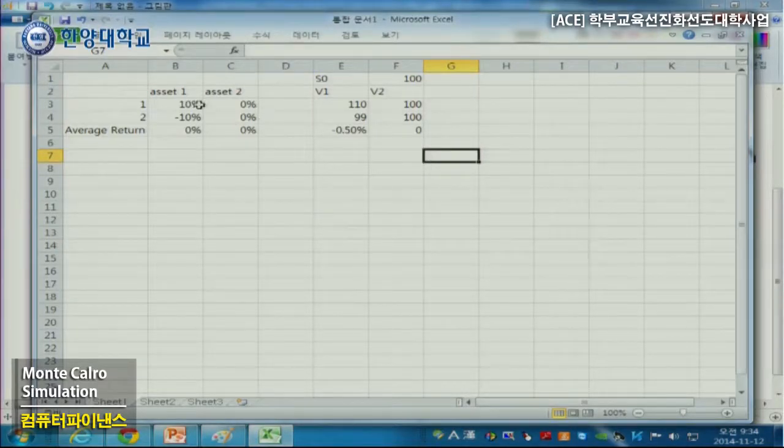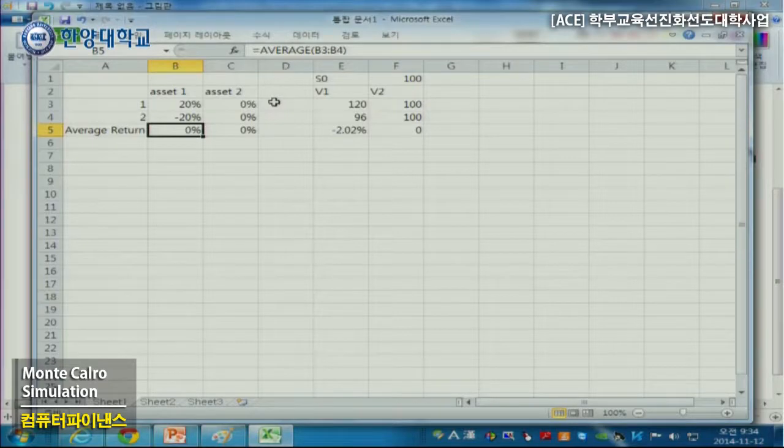But if we increase variance, let's say 20% and 20%, then our return becomes even lower. We invest $100 and it becomes 96.